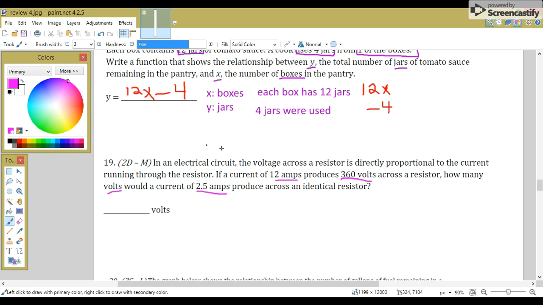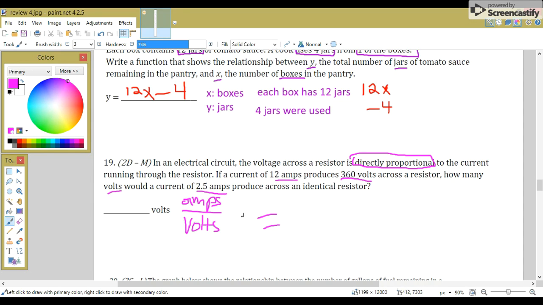So we see the words directly proportional. What does that mean? That means we set up a proportion. So let's do amps over volts.